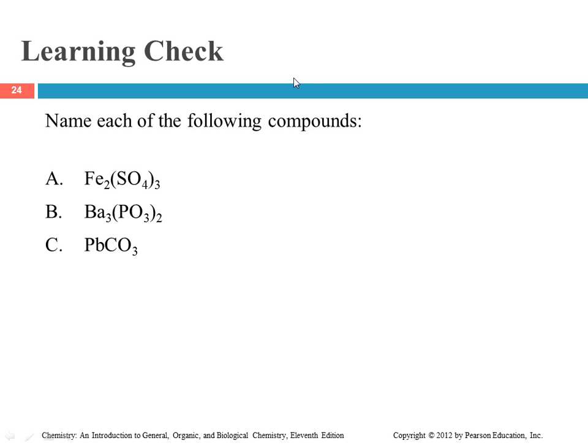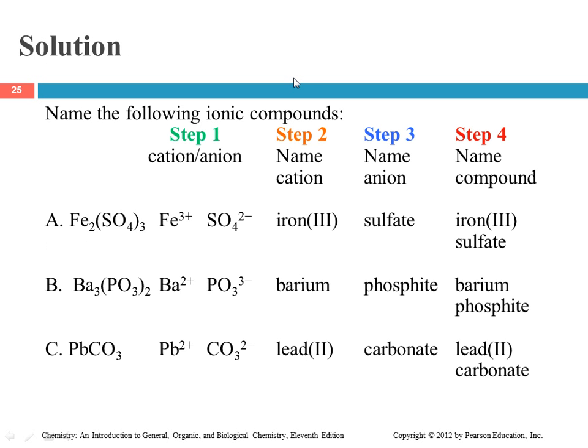Okay, so see if you got something similar. We'll walk through these. A and C we're naming using the transition metal, or the classification 3. So this is where we have to solve for the oxidation state. B is the easiest one because we have a group 2 metal.